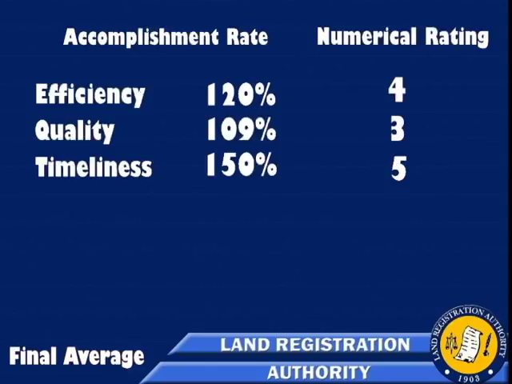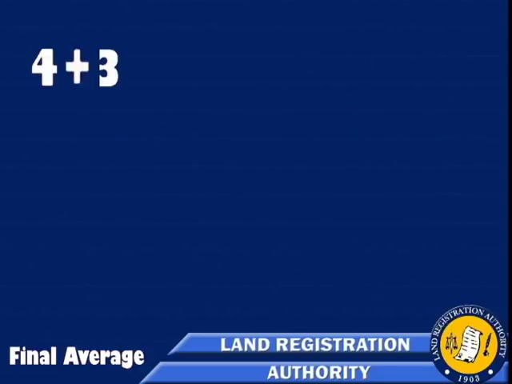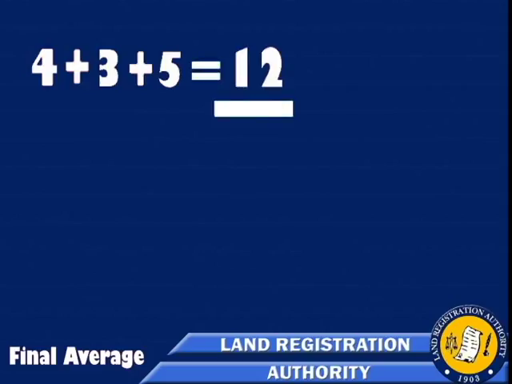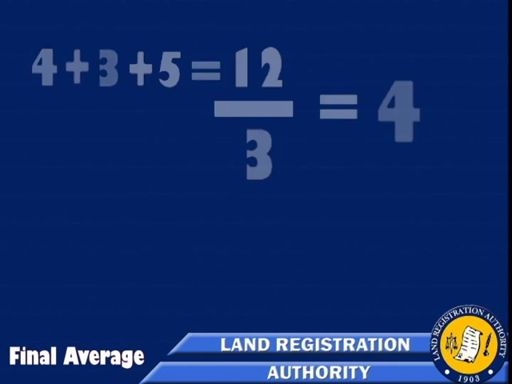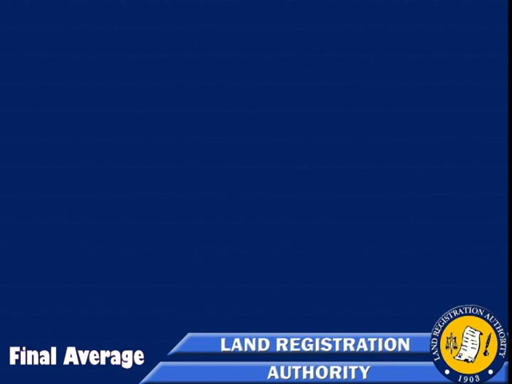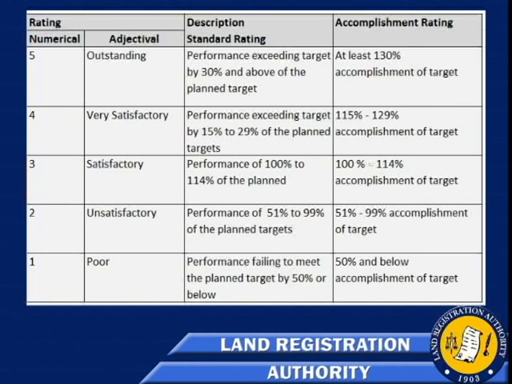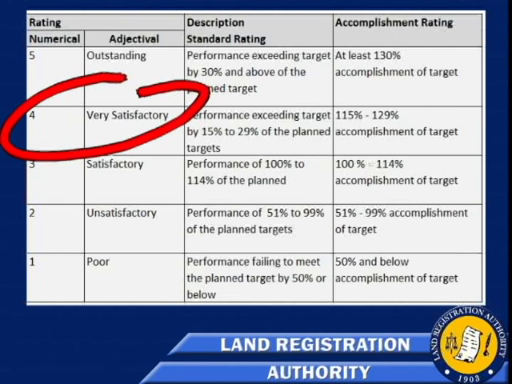We will now add the numerical ratings. Therefore, 4 plus 3 plus 5 equals 12, divided by 3 is equal to 4. And referring back to the rating scale, the adjectival value of 4 is very satisfactory, or VS.